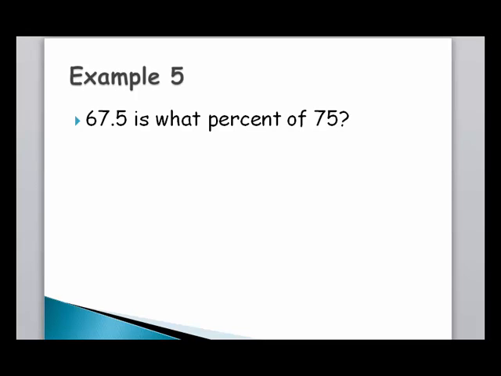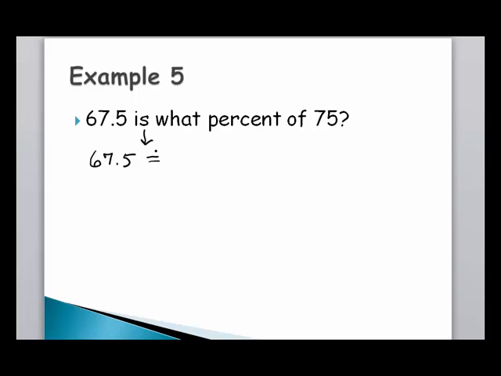The next example says 67.5 is what percent of 75? And so we begin by translating the words in the problem into a math equation. We'll rewrite the 67.5 as is. The is translates into an equal sign.